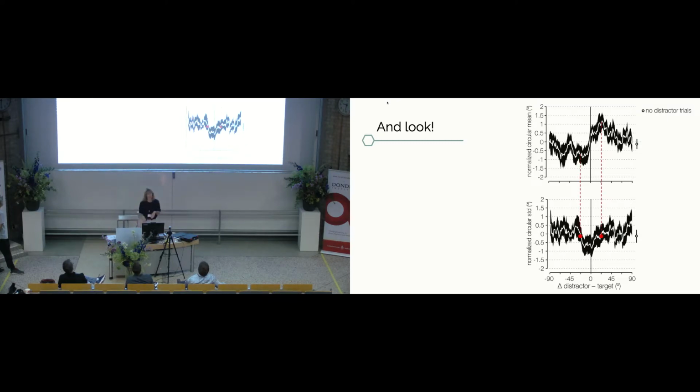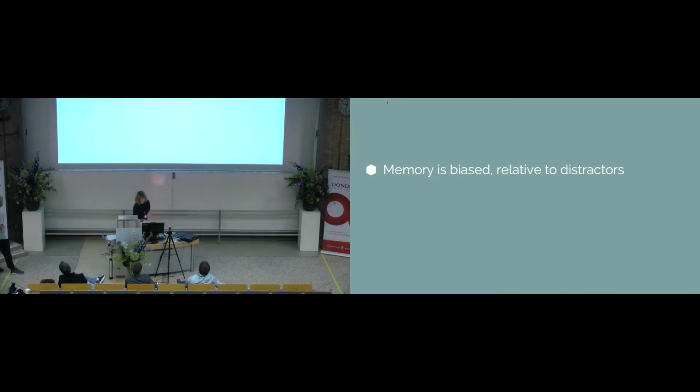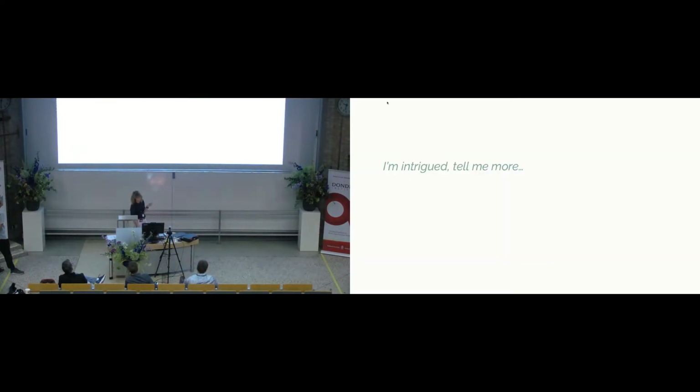When we look at the point where the bias is maximal, the variance is pretty much the same as in trials without any distractor at all. So even though this bias is quite large, on the order of 1, 2, 3 degrees, no matter how we test it, there seems to be really no impact on the noisiness of the responses of subjects. Okay, so memory is biased relative to these irrelevant distractors.